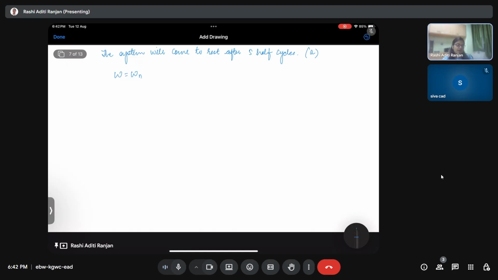So if I evaluate omega n, I can get the time period, and if I get the time period, I can use the number of half cycles to relate my time period into total time, right? So if there are 5 half cycles, how many full cycles are there? 5 by 2 full cycles.